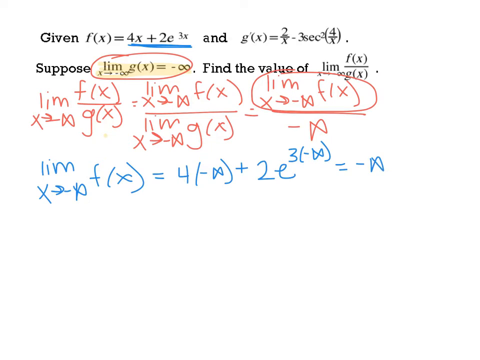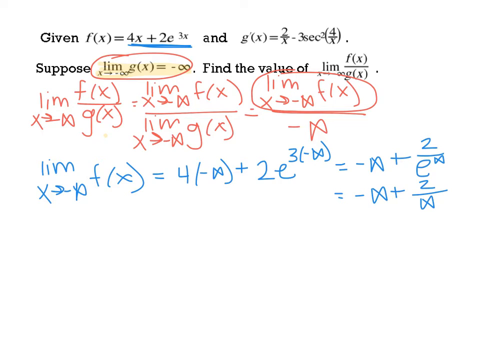And then 2e to the 3 times negative infinity is like saying 2e to a really large negative number, so it's kind of like saying 2 over e to the infinity. Now, e to the infinity is just going to keep getting bigger and bigger, so that's like saying infinity.